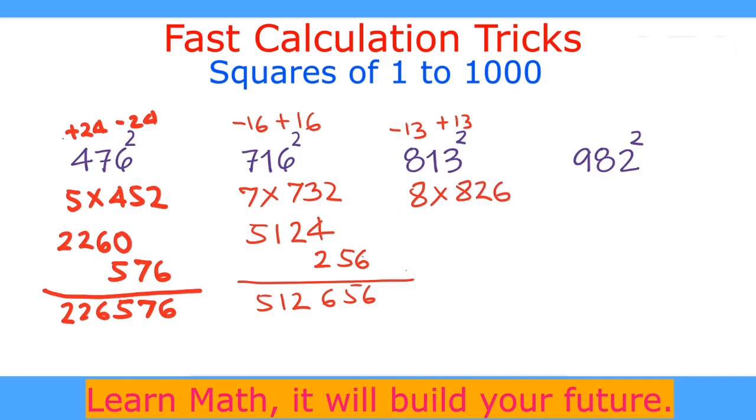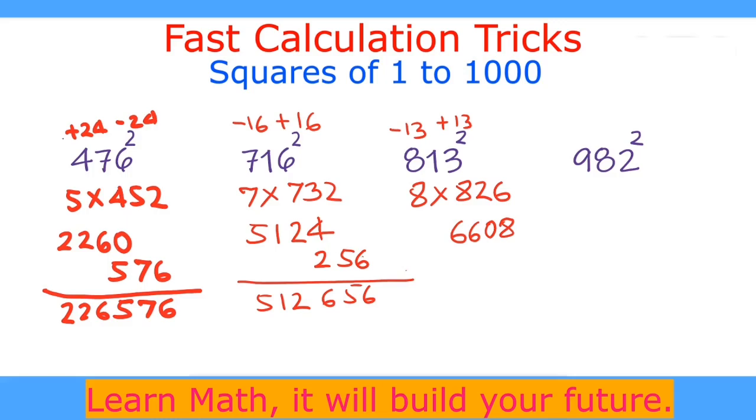So we multiply 8 to 826. 8 times 6 is 48. We write 8 and carry 4. 8 times 2 is 16 plus 4 is 20. We write 0 and carry 2. 8 times 8 is 64 plus 2 is 66. We write 66. Now the square of minus or plus 13 is 169.